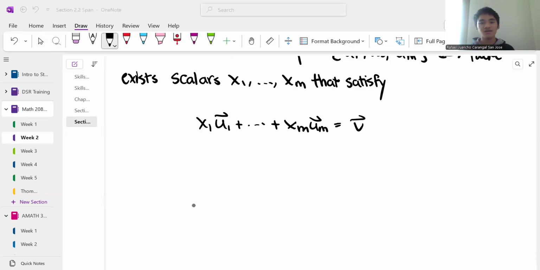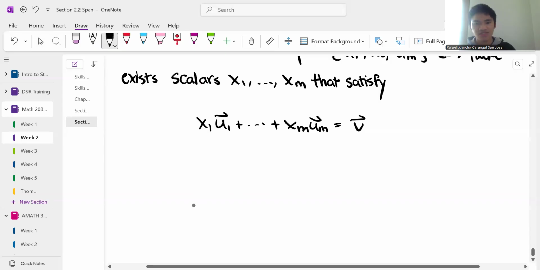We can write v, the vector v, as a linear combination of all of the vectors that are part of the span. Then if we can, then we know v is part of that span. And again, it's only true if and only if the corresponding linear system has a solution, right?